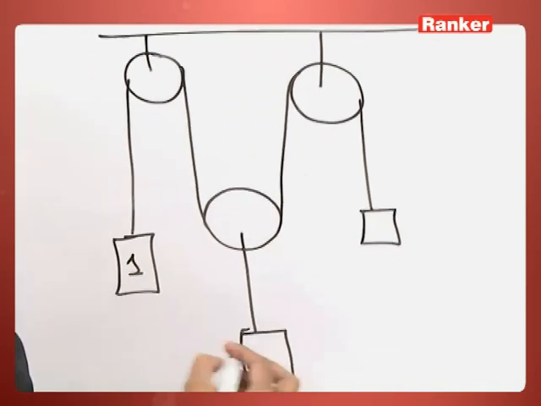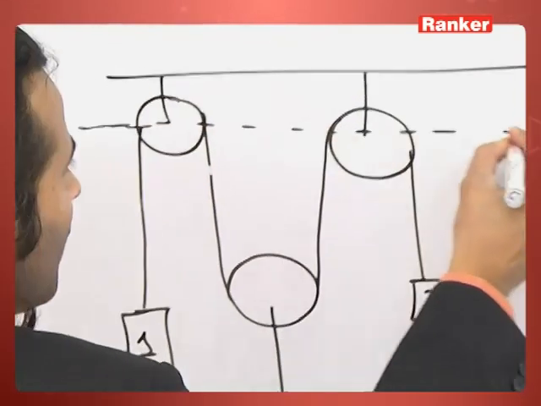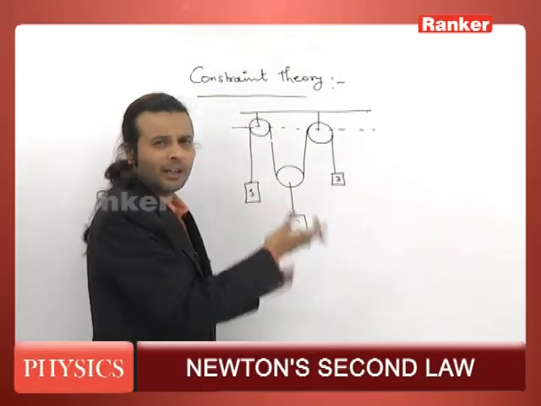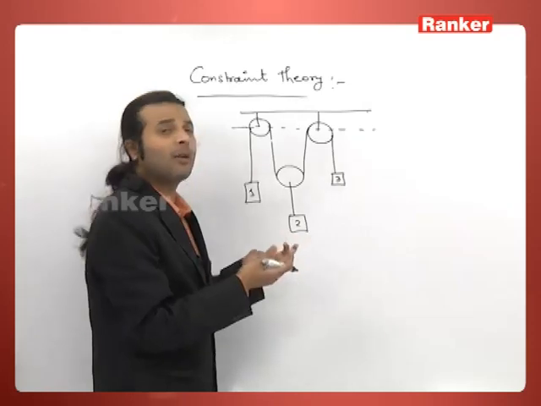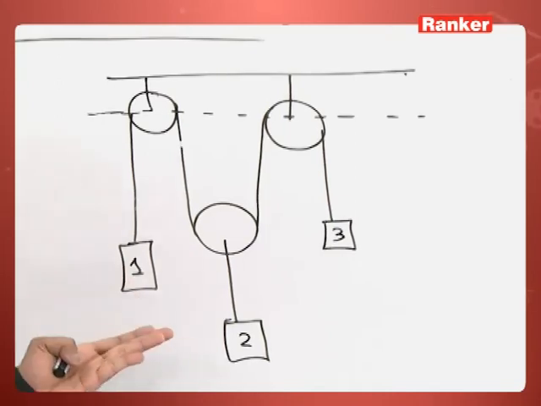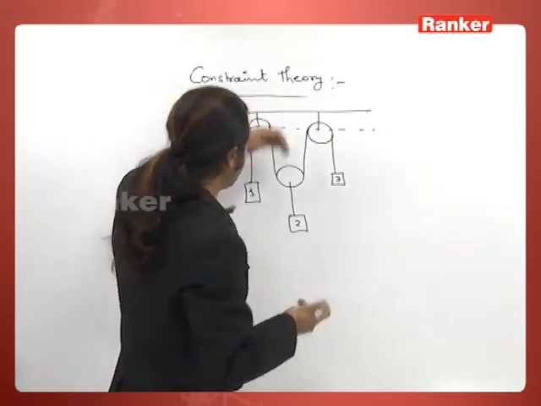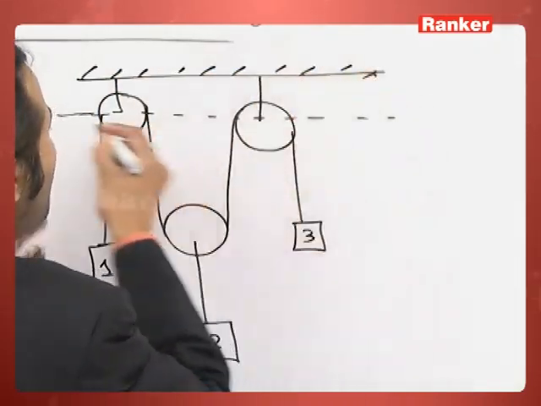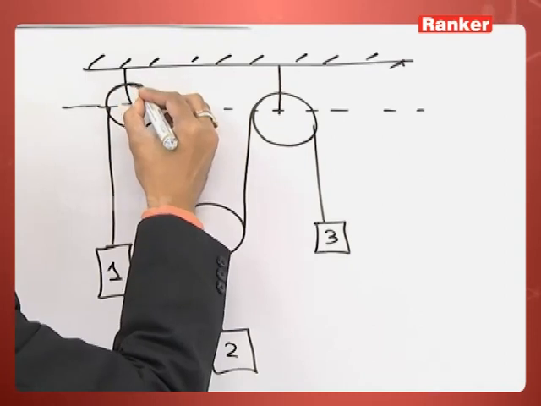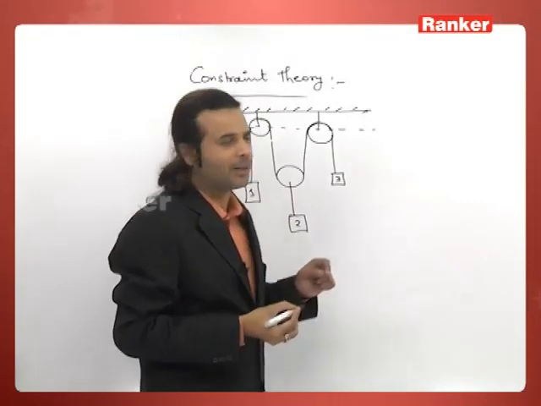Let us say this is body 1, this is body 2, this is body 3. Now they are accelerating, or released from rest, so they are accelerating, and I am trying to explain at any instant. Always take the displacements of bodies from a fixed point. I can take the displacement from this point, but I prefer to take it from this point, because at any instant of time the wrapped part of the string on the pulley always remains the same, whatever the condition may be.